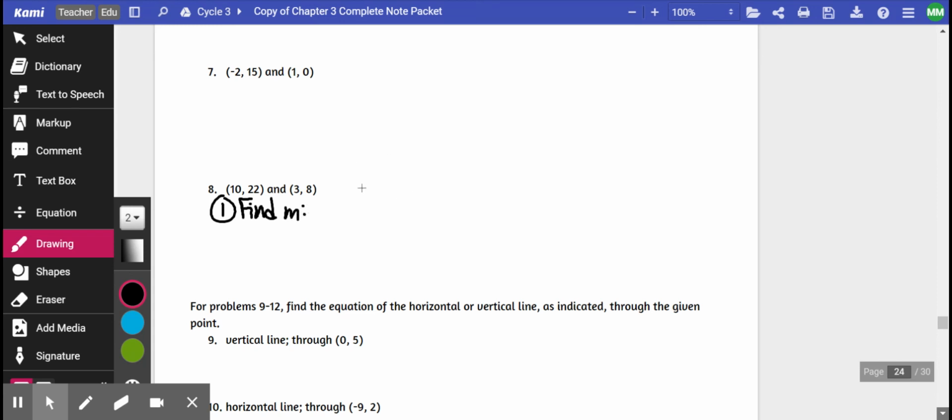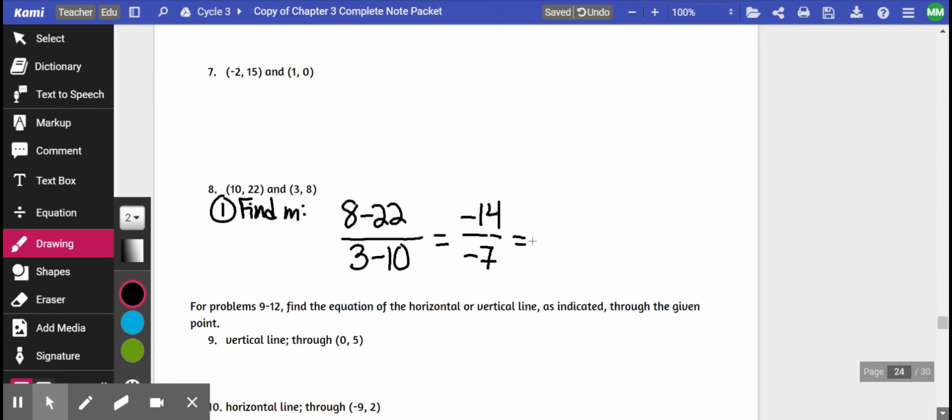So using my slope formula, second y minus first y over second x minus first x. So 8 minus 22, we get -14 over 3 minus 10 is -7. So it ends up being just a +2.